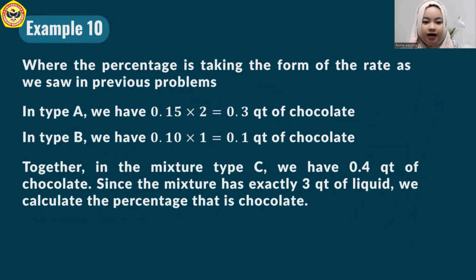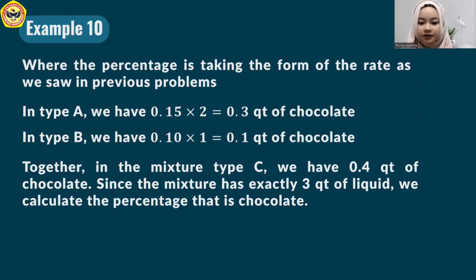In type A, we have 0.15 times 2 equals 0.3 quarts of chocolate. In type B, we have 0.10 times 1 equals 0.1 quarts of chocolate.